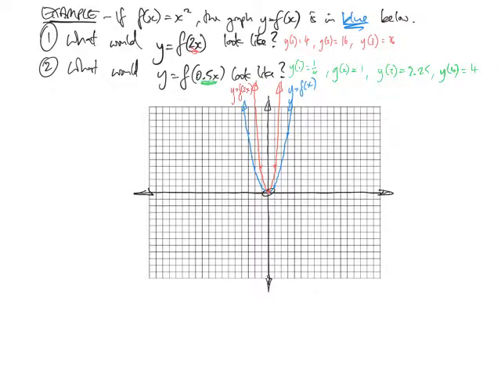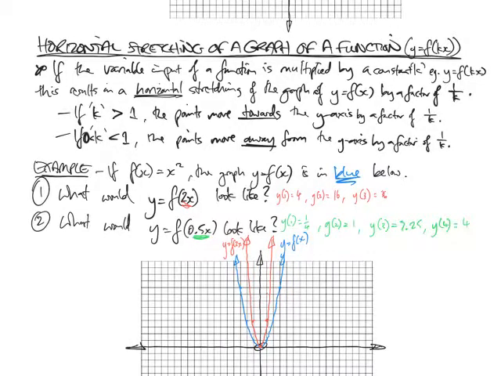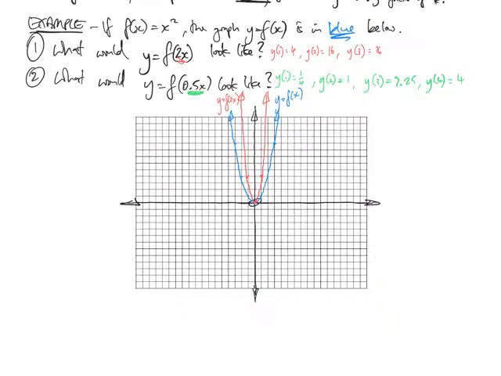Okay, so you should be able to see that when k is between 0 and 1, it's multiplying the variable in a function, the points all move away by a factor of 1 over k. So at x equal to 1, y is going to be a quarter. At x equal to 2, y is going to be 1. At x equal to 3, y is going to be 2 and a quarter.